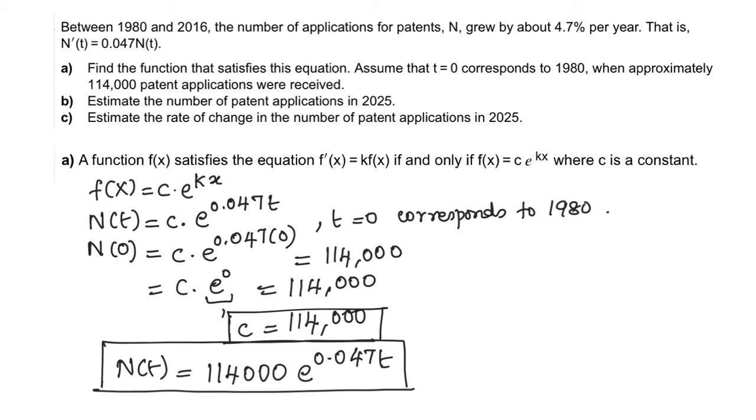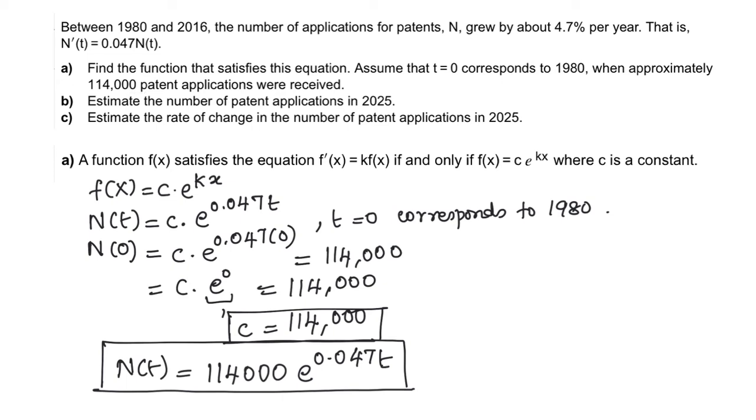So we answered the first question: find the function that satisfies this equation. In N(t) we have k and c. We found k from the given equation, and c we found with the given condition, because when t = 0 this whole thing is equal to 114,000.